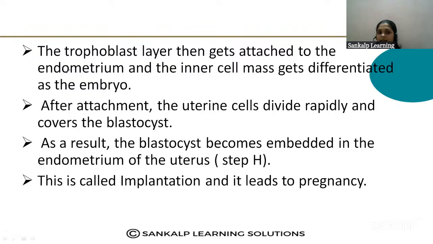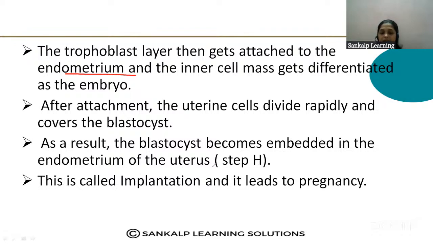Implantation occurs at the endometrium, that is the inner lining of the uterus, right? So the trophoblast layer gets attached to the endometrium layer, and this attachment is called implantation. As a result, the blastocyst becomes embedded in the endometrium of the uterus.